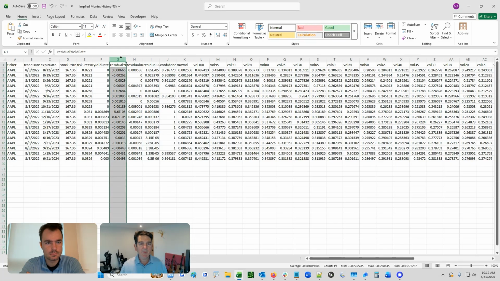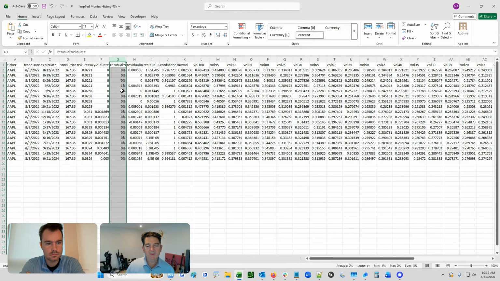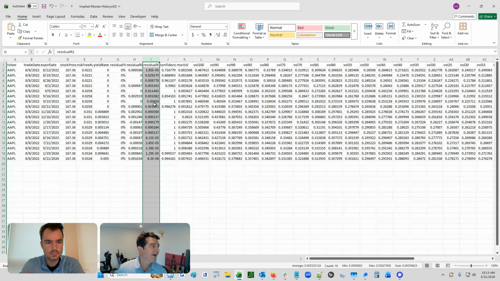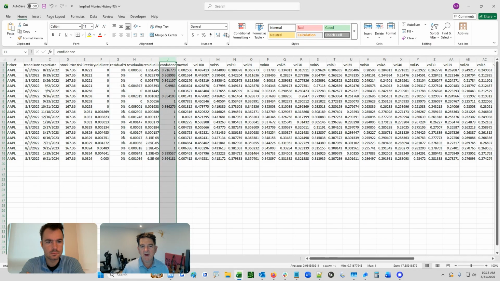The residual yield is very small for Apple because we match up these calls and puts. So that's small, and then we actually do a slope of the residual yield in case the lower strikes are different than the higher strikes. And then we do something interesting here. We do a confidence number.